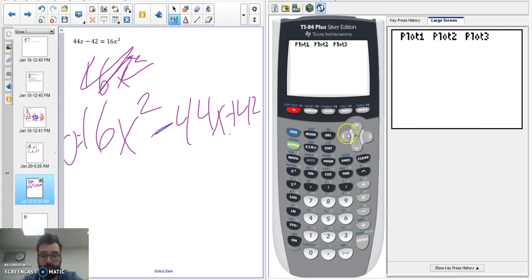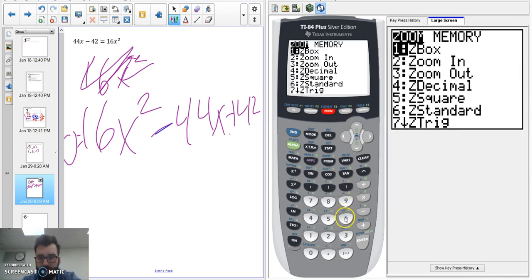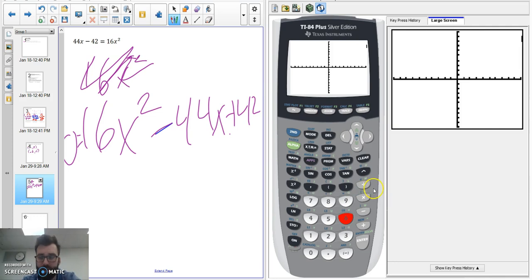All right, here we go. 16 plus 42. Okay, press zoom, and I'm going to go back to standard just to see how that does. Not really great. Why? Because, well, first of all, my y-intercept is positive 42.